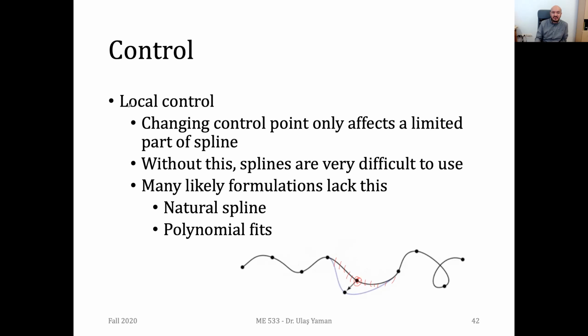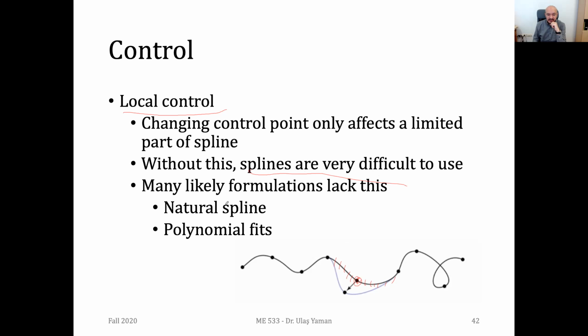So that's why we say that with this spline approach, you have local control. Depending on your application, it might be an advantage or a disadvantage, but we usually use it for our purposes. If you do not have it, then it will be quite difficult to use the splines.